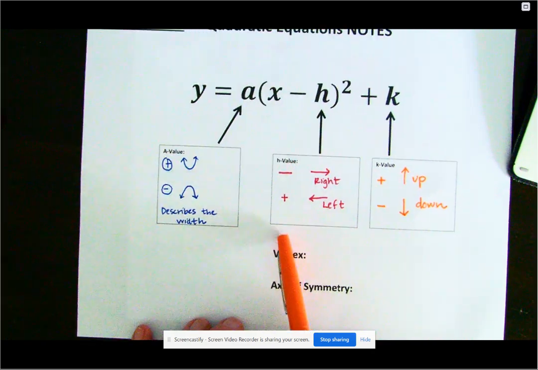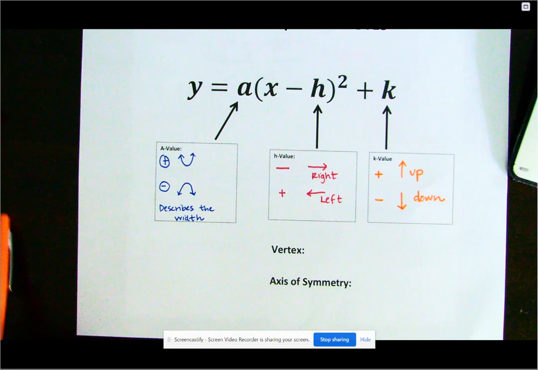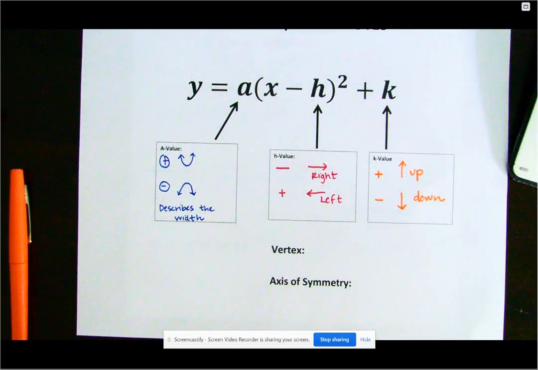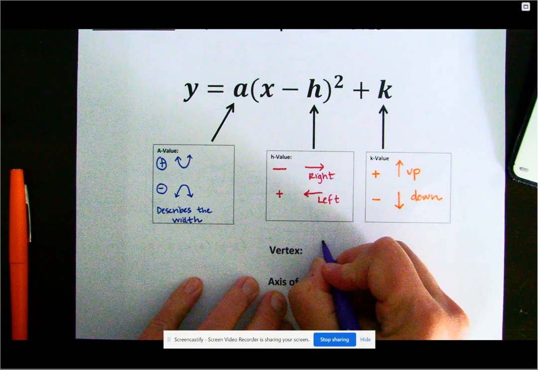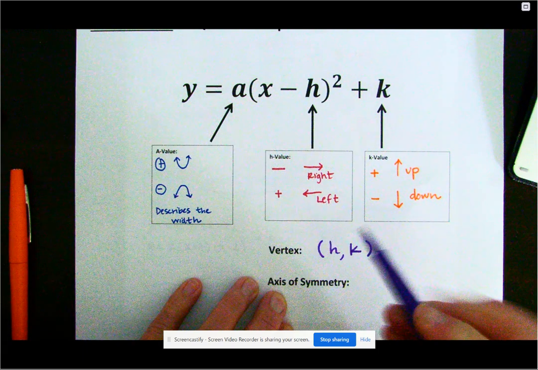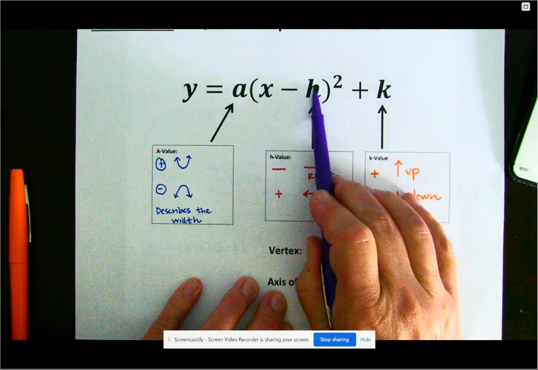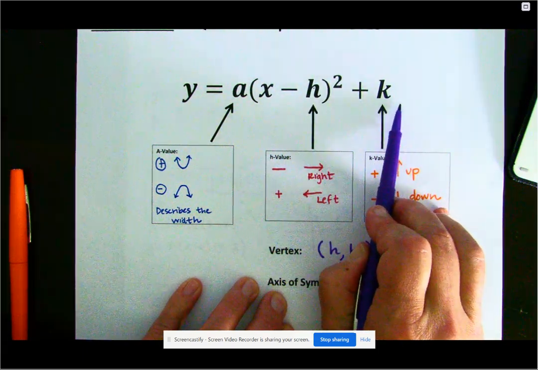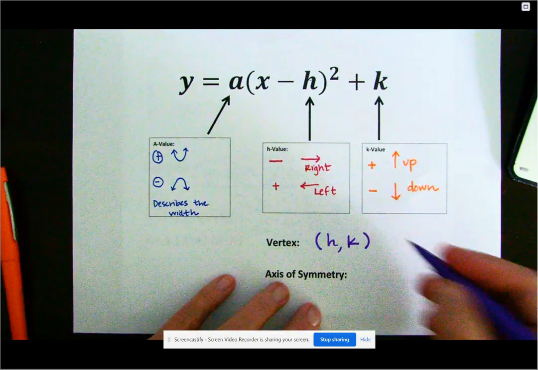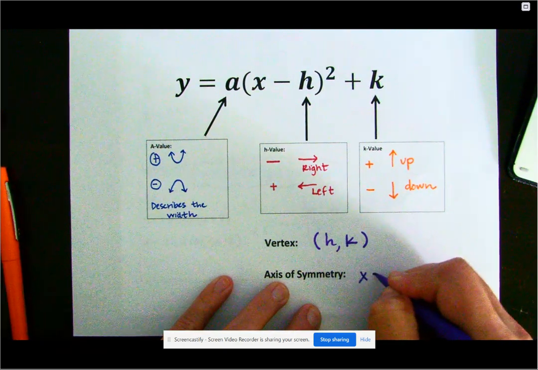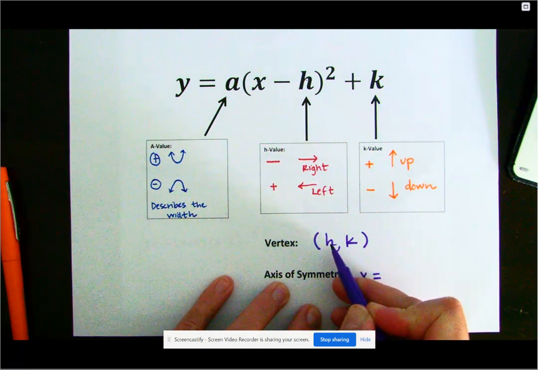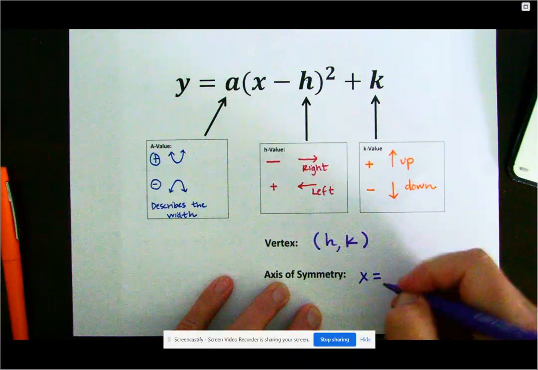So the vertex is always (h, k), whatever number this is, whatever number this is. And the axis of symmetry will always be x equals, remember it's a vertical line, and it will always go through this number of the vertex.